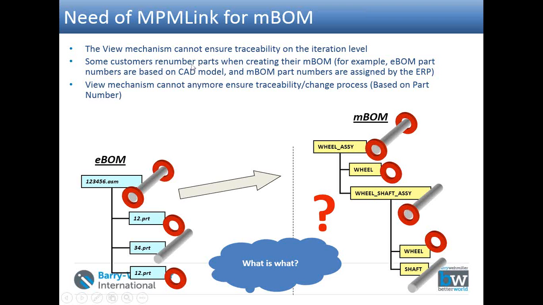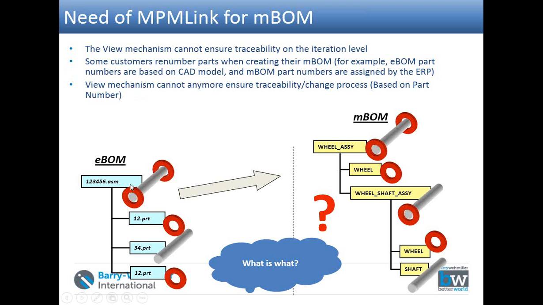The first one is that view cannot ensure the traceability between E-BOM and M-BOM. If you see this picture here, the E-BOM is different from the M-BOM in name and number. So if we create the M-BOM using the view mechanism, you cannot have the traceability if the part number is different from the engineering BOM.